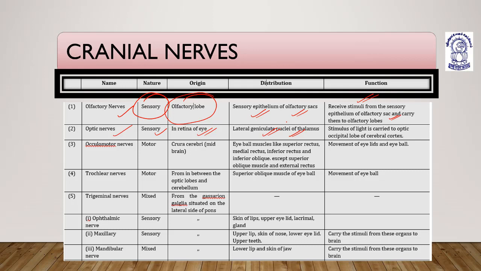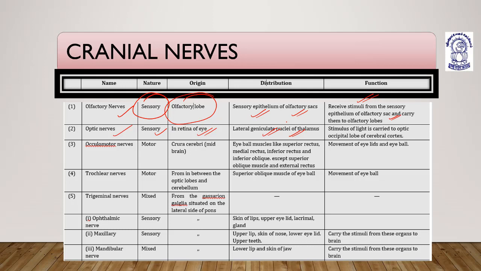The external rectus and the superior oblique are supplied by other nerves.